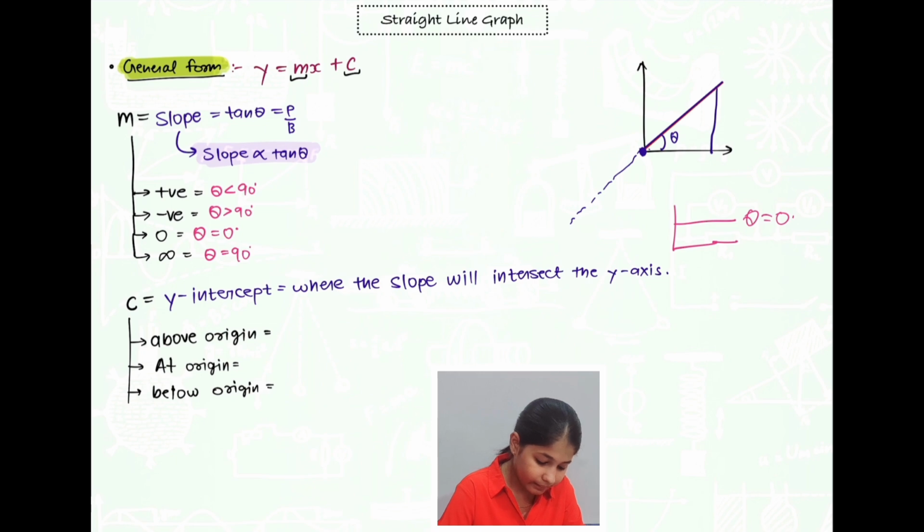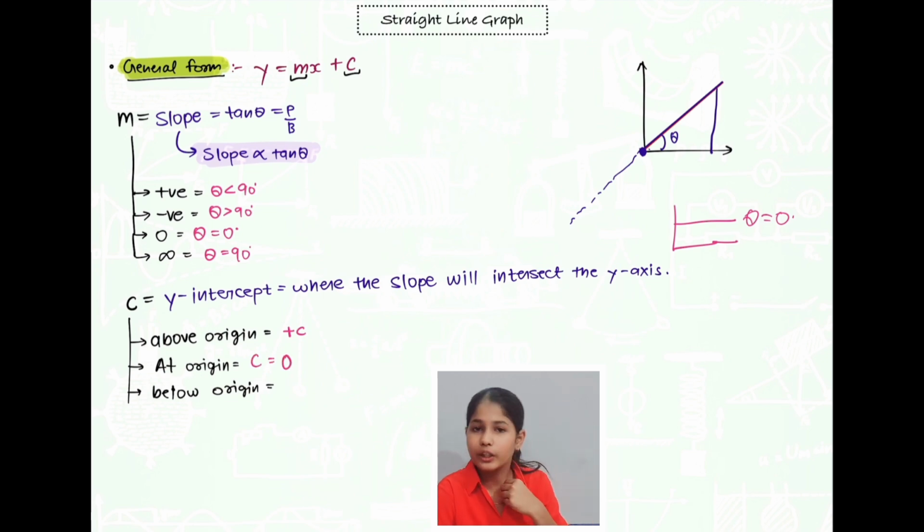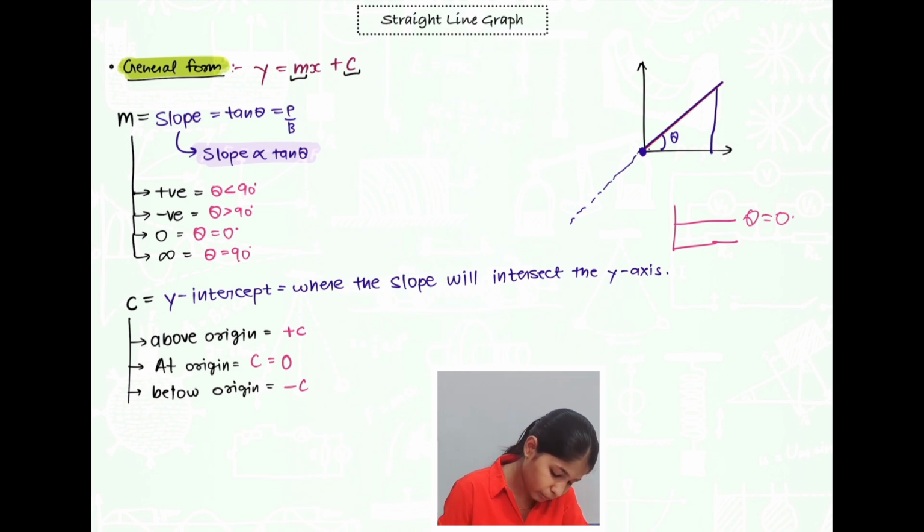When the y-intercept is above origin, it will form plus C. When it is at origin, it will become 0, means C will become equal to 0. Then if it comes below the origin, means under the origin, it will become minus C. I'm going to draw all the three cases now.